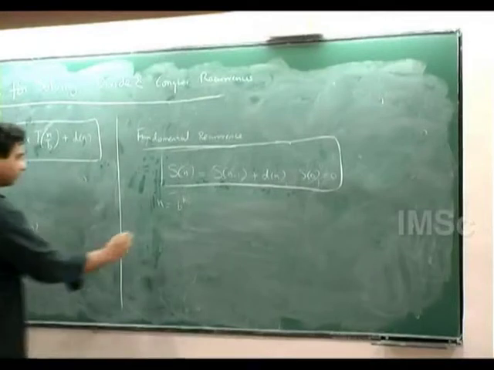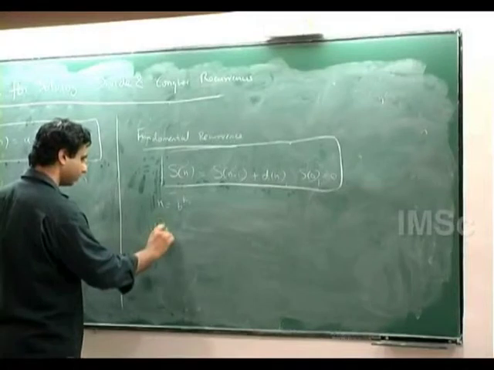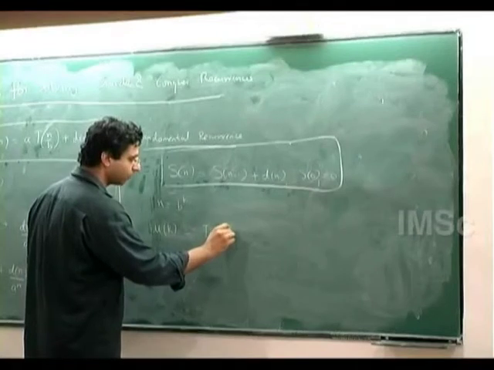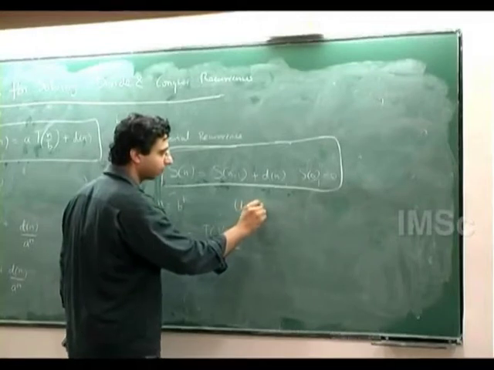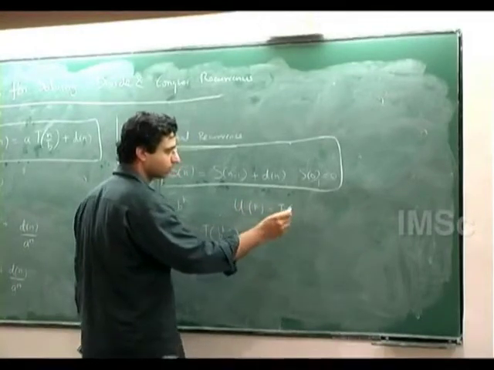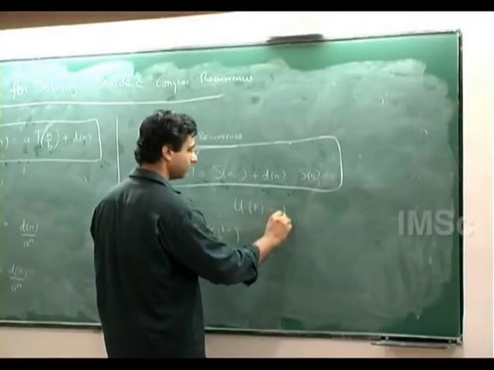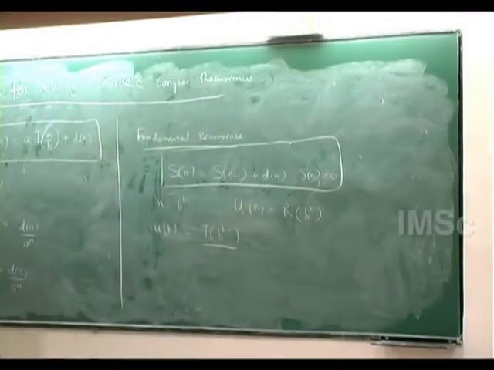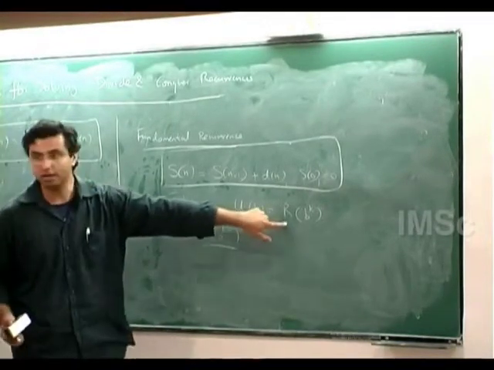Then I'm defining u of k to be r of b raised to k.